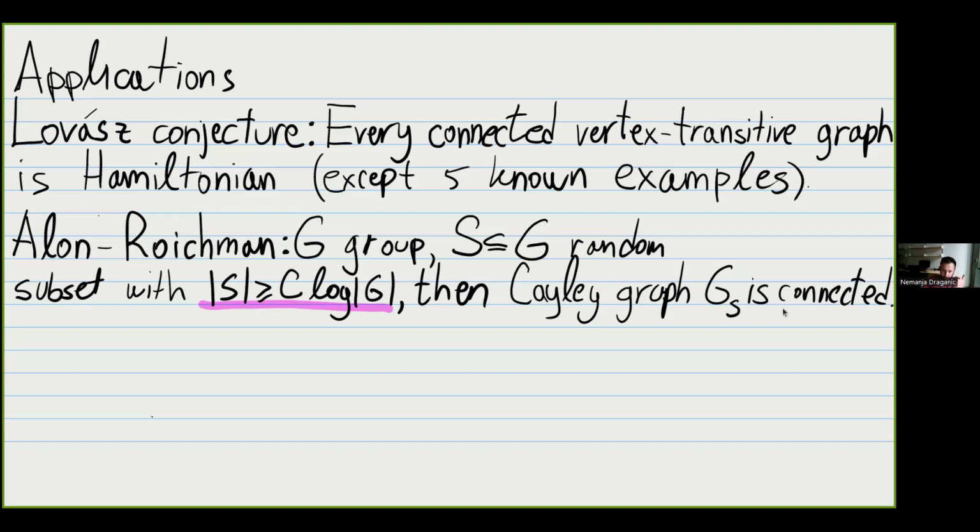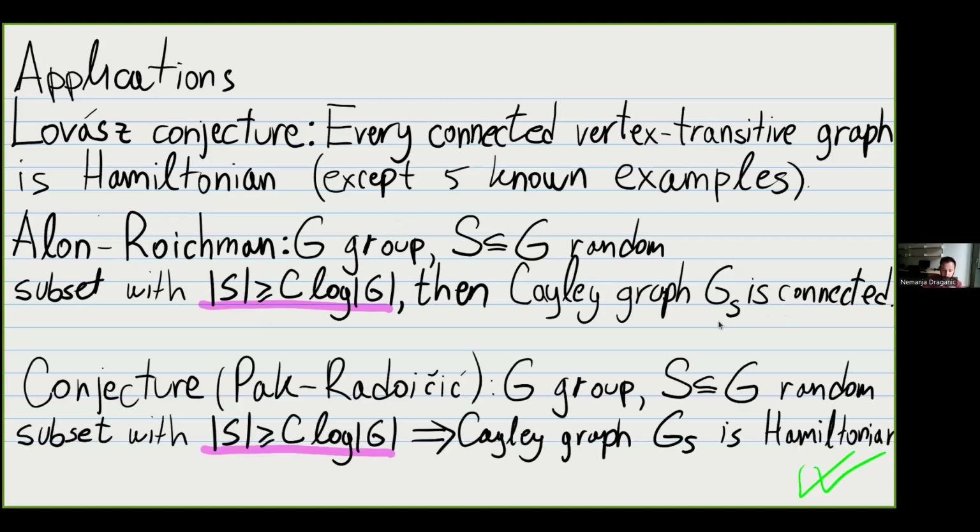Since such graphs are connected, and we know that Cayley graphs are vertex transitive, this is a specific instance of the Lovász conjecture, to see whether such Cayley graphs are Hamiltonian. This was conjectured by Pak and Radoičić. Exactly, if you take a constant times log |G| many elements, is the graph Hamiltonian? It follows quite straightforwardly from our methods that this is the case. So we confirmed the Pak-Radoičić conjecture.